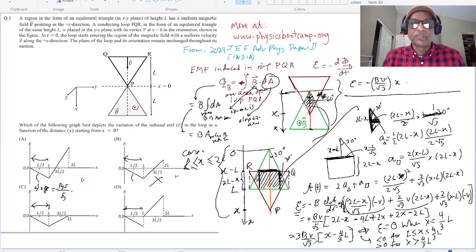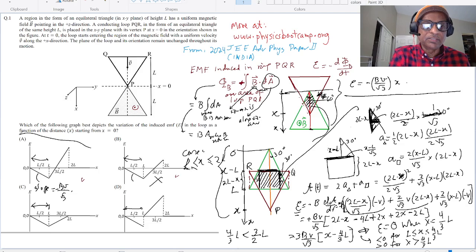You can see it comes down and then it crosses a little bit before 1.5 L. 4/3 L is actually less than 1.5 L, right? This is 1 1/3 and 1.5. So it crosses before that. So this is the correct answer.